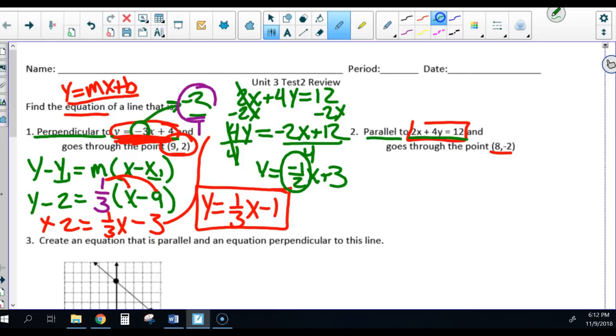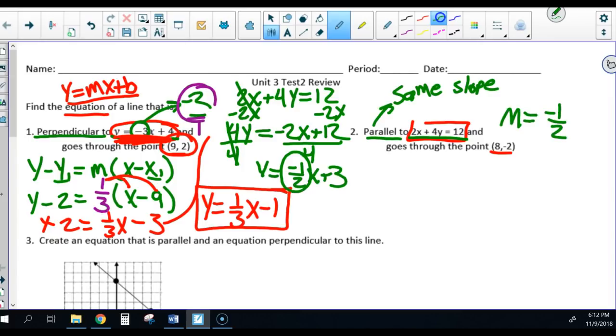My line is parallel to that. I know that parallel means same slope. So my line is going to have a slope of negative 1/2, and it's going to go through (8, negative 2). So that's where we use the point-slope formula. y minus negative 2, which is plus 2, equals negative 1/2 (x minus 8).